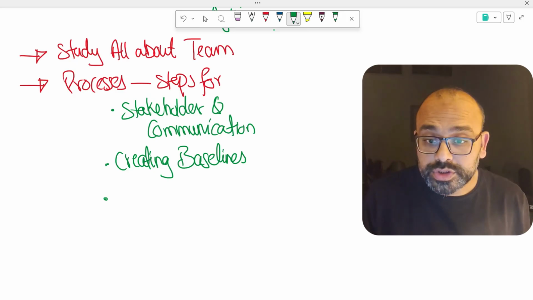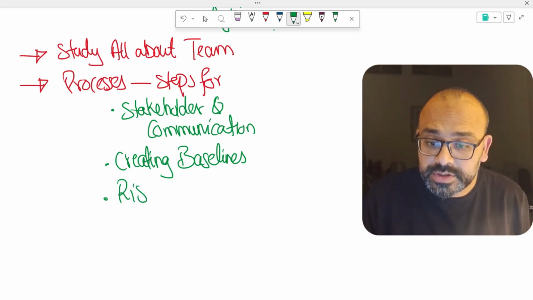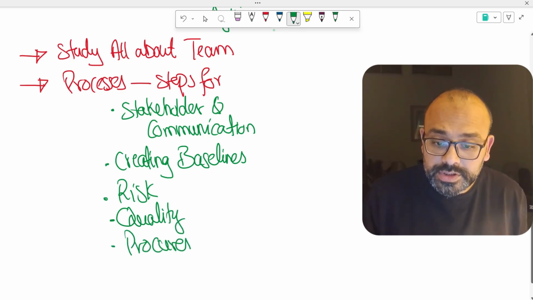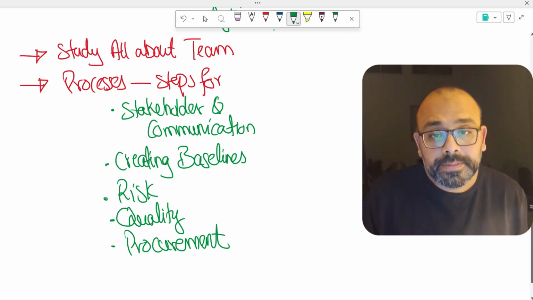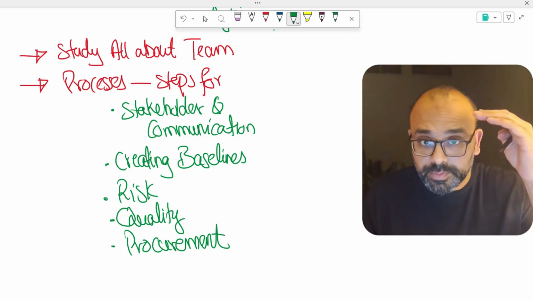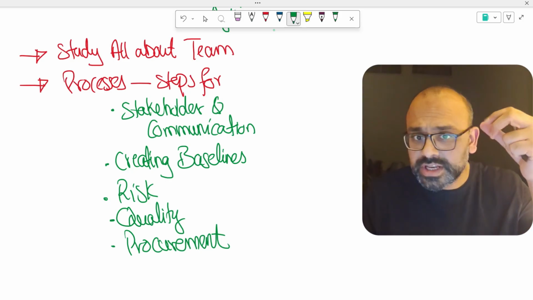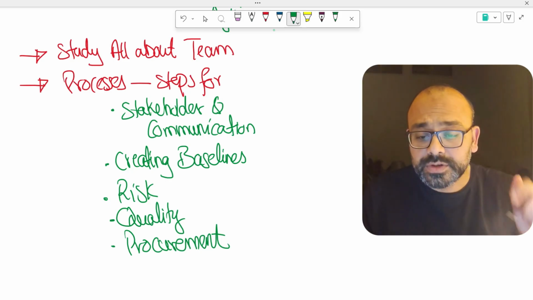Then you must know the steps for risk management, steps for quality management, and steps for procurement management. Right? What are the processes involved in it? What documents do we create? You must know, just like on your fingertips, you must know these steps.